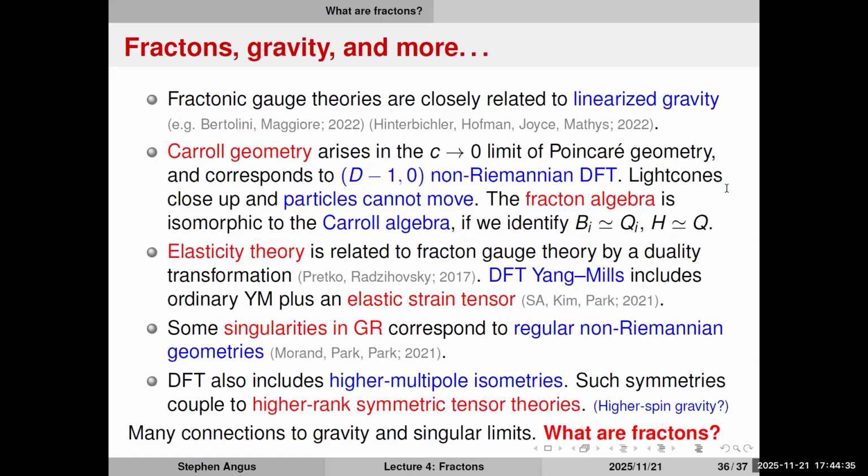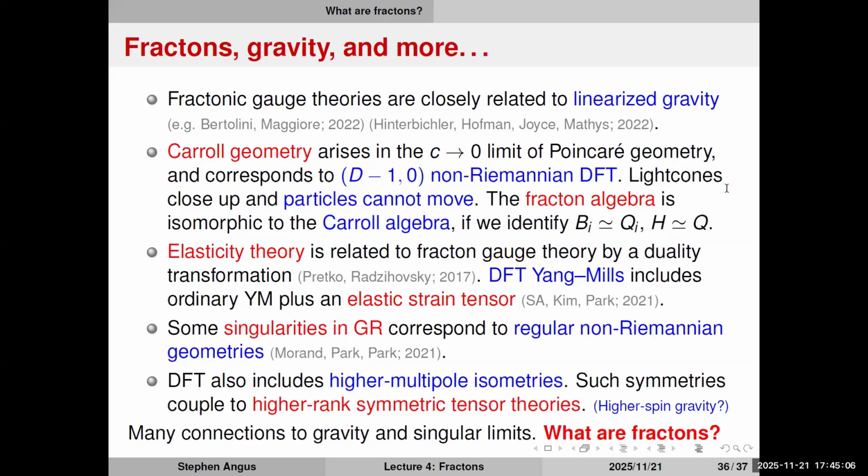Another thing is Carroll geometry. As I said, this is the c going to zero limit of Poincaré geometry, and this corresponds to the (D-1, 0) non-Riemannian double field theory. In Carroll geometry, light cones close up because the speed of light is 0, and particles, if they're not tachyons, cannot move in this theory.